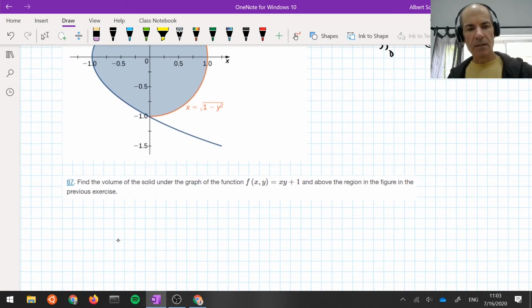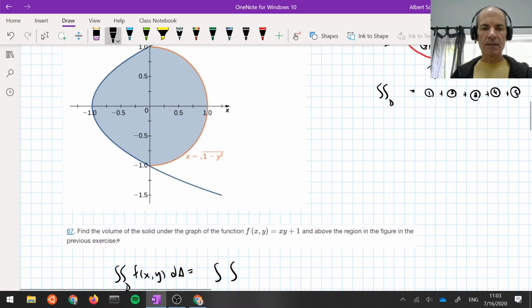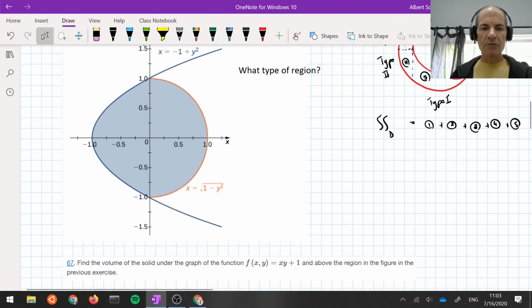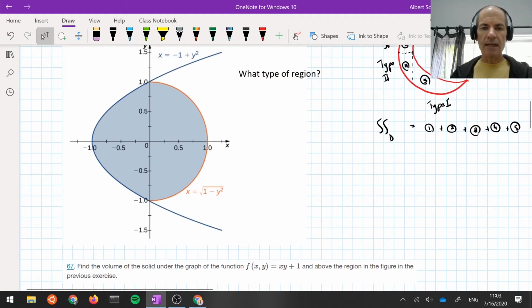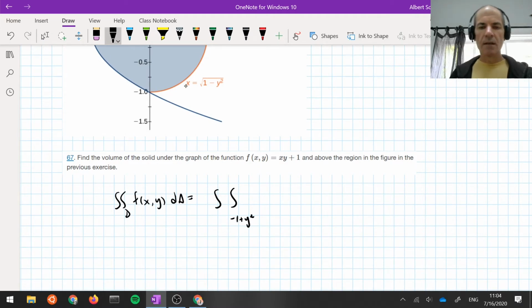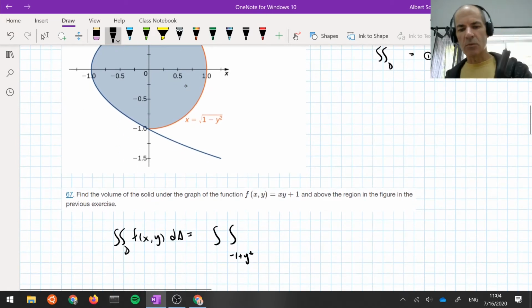All right, so in the type 2 context, the integral over the region D of f of x and y dA becomes, all right, we're integrating horizontally. We're integrating from the left boundary to the right boundary. On the left boundary, the lower limit is x equals -1 plus y squared, up to the right boundary, x equals the square root of 1 minus y squared.